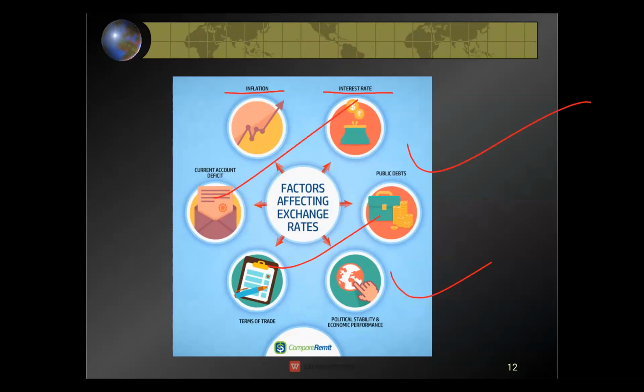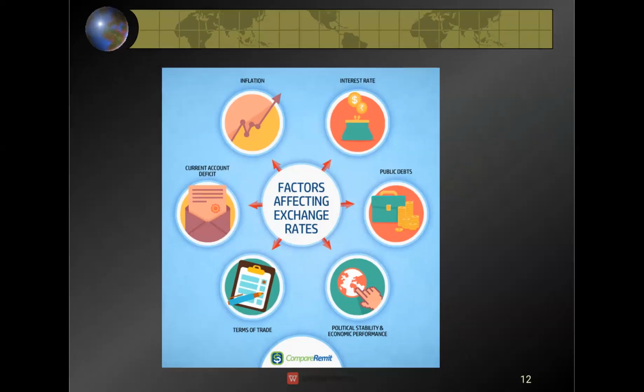These are some of the elements that affect the exchange rate. I've said inflation, interest rate, public debt, terms of trade, and the current account deficit. Then political stability or economic performance also has an impact on the exchange rate. Let's see if we can look at them in detail.